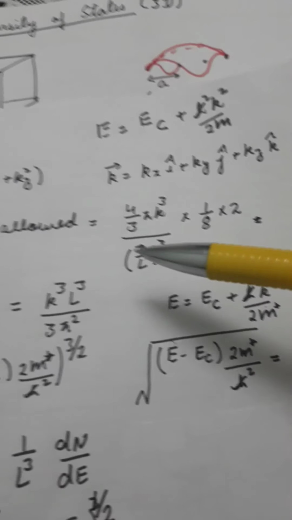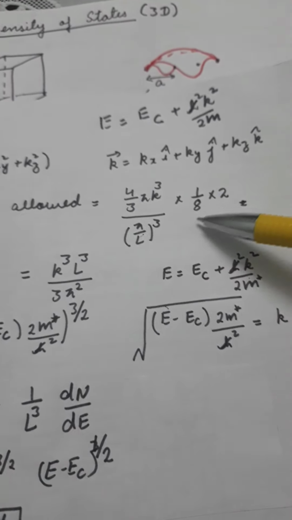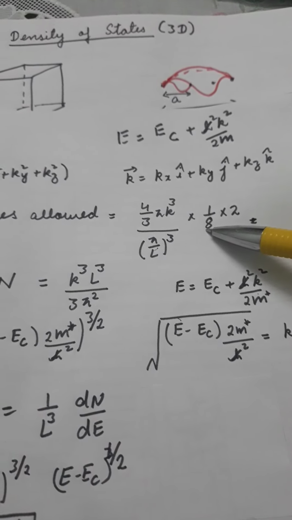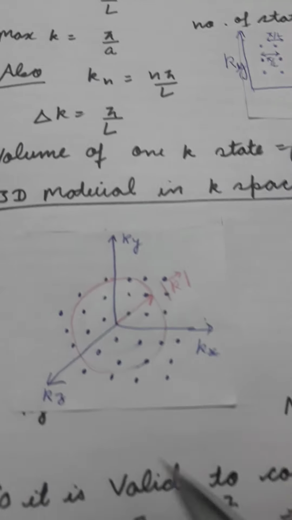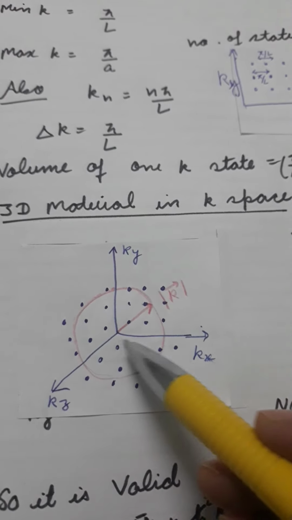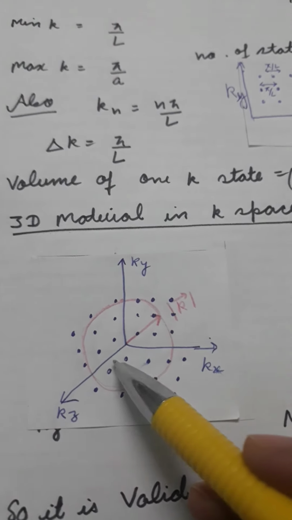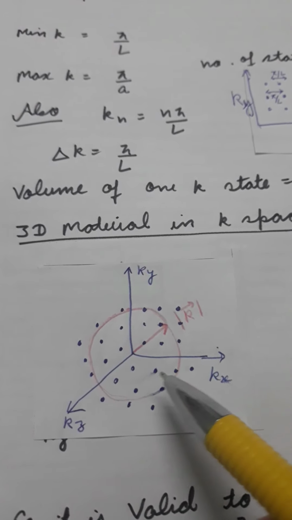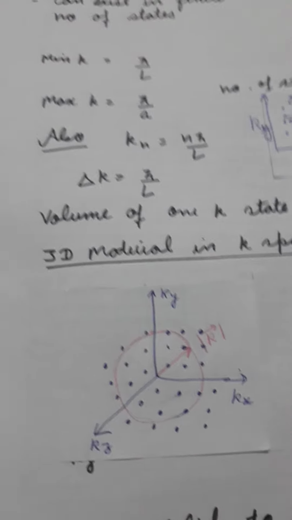So in order to do that, the volume of this sphere in k space will be 4 upon 3 pi k cube, and then we'll have to divide it by 8 because we are only concerned about the positive k axes, and therefore only the positive part of the sphere will be used, because only positive k values make some sense.